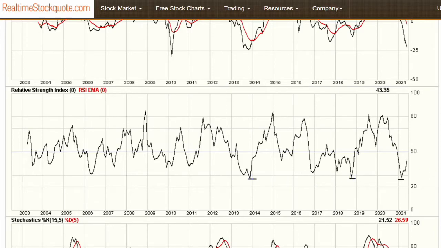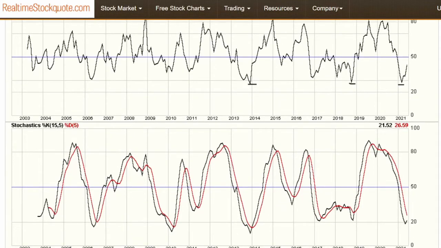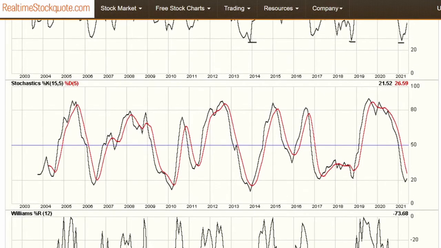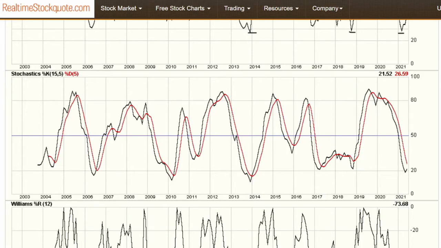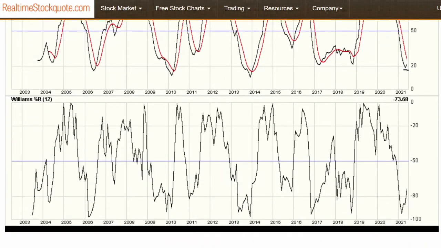So that's a pretty good sign. Yet I still say that the MACD is the controlling oscillator, so give it some time. Stochastics, probably not all that different here. A bottom process perhaps starting right at that point there. And the same thing in Williams. A pretty good bottom and a rise out of that oversold territory.